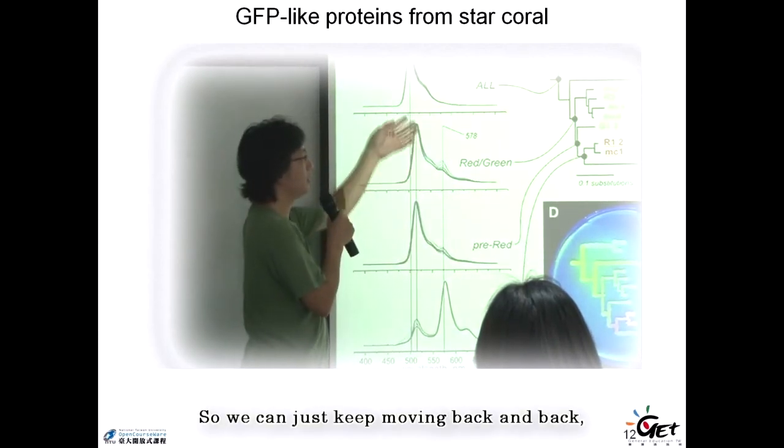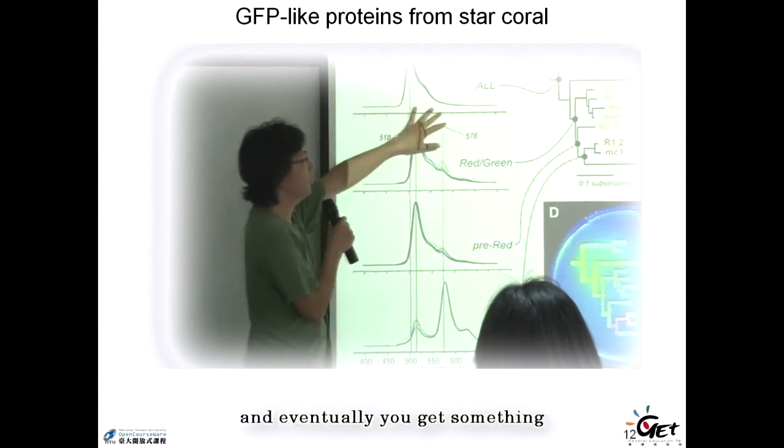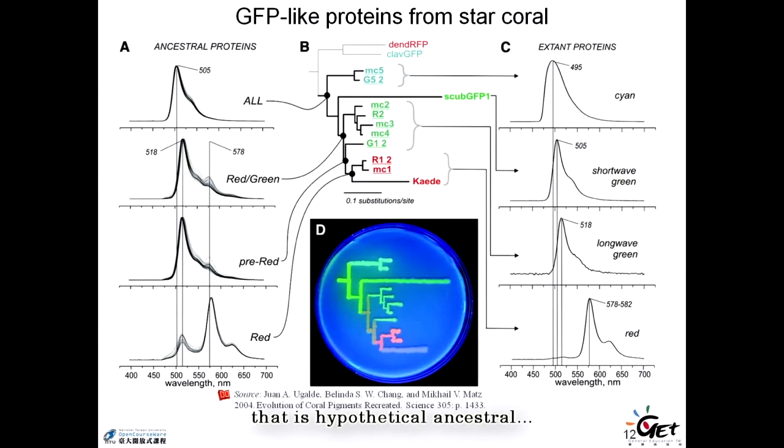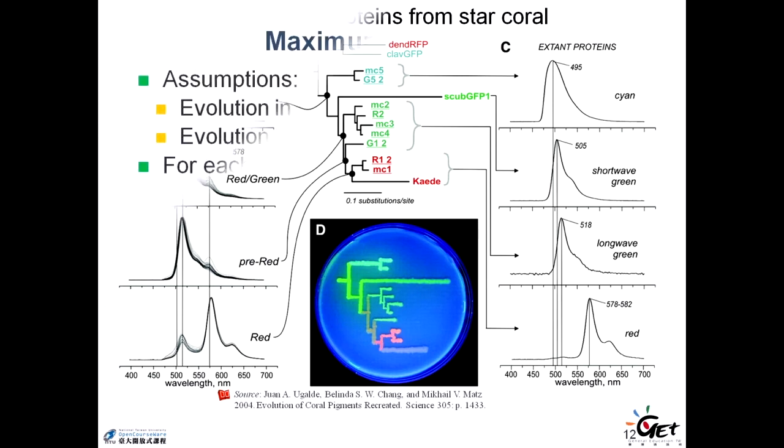So we can just keep moving back and back and eventually get a hypothetical ancestral reconstruction for the ancestor states. So this has some applications on how we reconstruct the origin, I mean the ancestral form of something. So this is something we can do anyway.